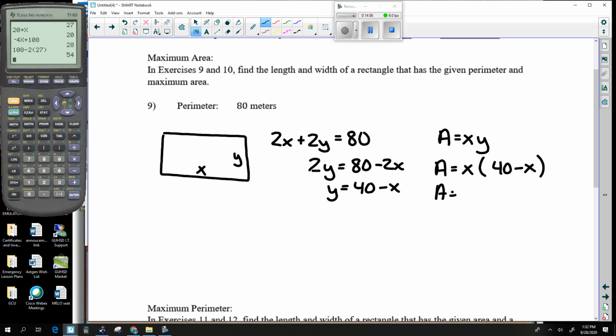So area is equal to negative x squared plus 40x. The derivative of that with respect to x is negative 2x plus 40. I want to know where that is equal to 0. So negative 40 divided by negative 2.